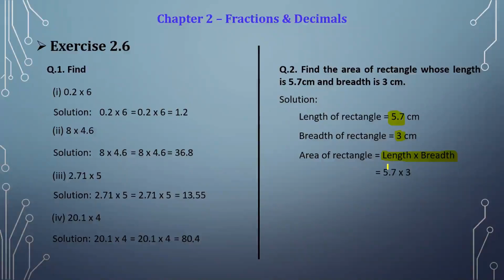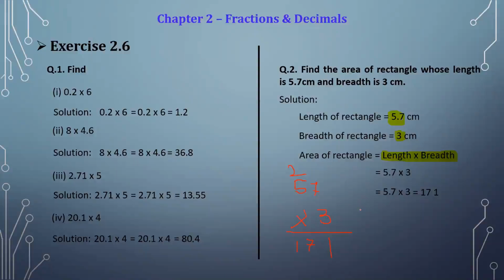So again we are taking the product of a decimal number and a whole number. Again, what is the step? Remove that decimal point for a temporary purpose, and after that we are getting the numbers 57 into 3. Just perform the multiplication. We know that 7 3s are 21, so the remainder is 2, and 5 3s are 15, so 15 plus 2 is 17. So 171 is the product, and again we have to bring that decimal point back.